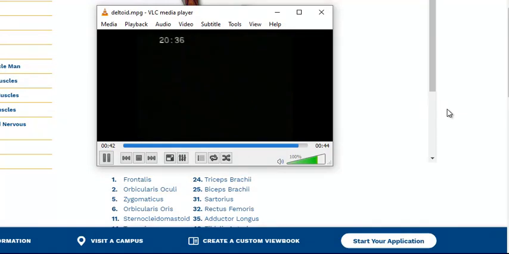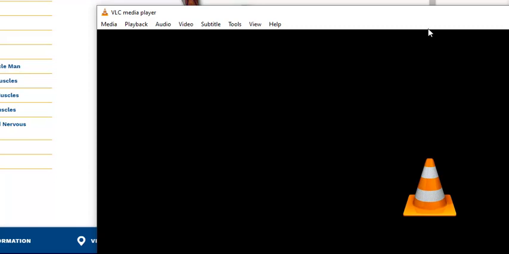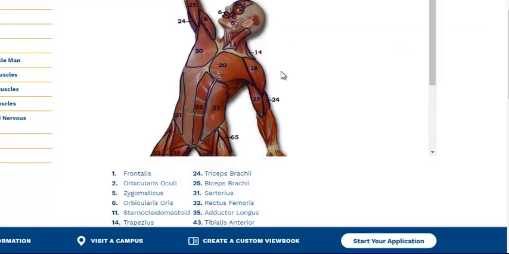So the deltoid can move different directions depending on which way you want to recruit it. So here's the deltoid right there. And then if you're looking with the arm upraised, here's the deltoid right there.